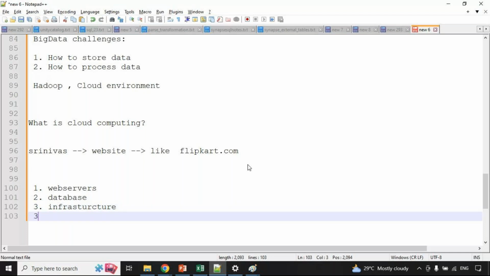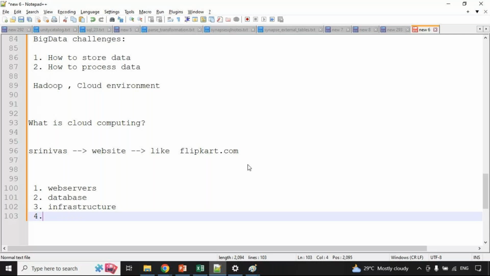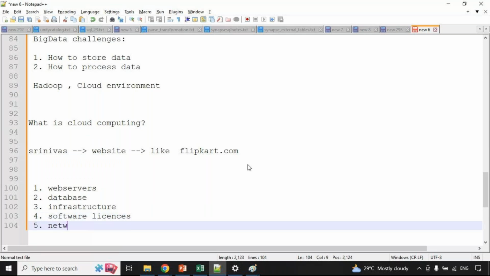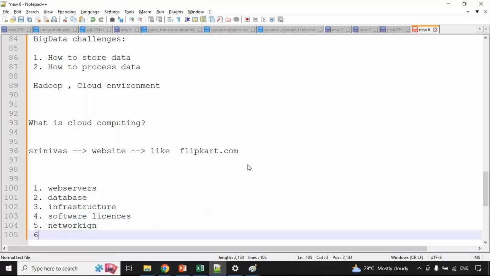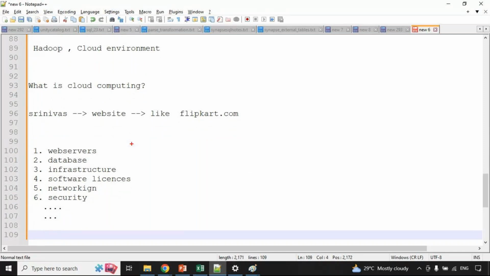I also purchase software licenses, and then networking and security related things. Multiple things are there. So I purchased everything and started my website. After 6 months, I came to know my business is not as expected, and I want to shut down the business.